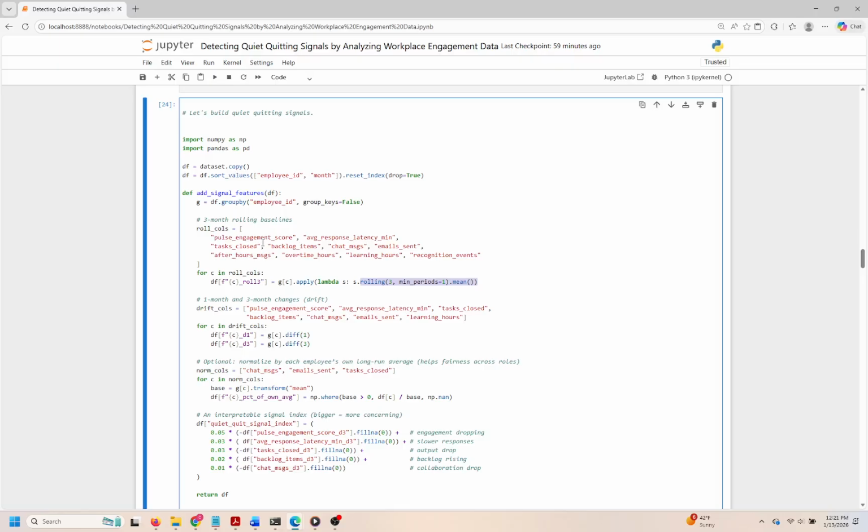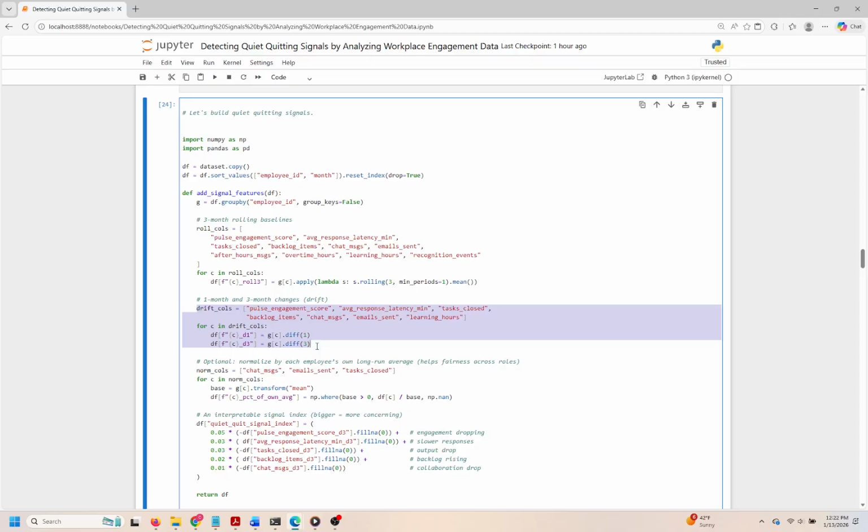This not only helps smooth out variability in the data, but also allows us to create baselines that are specific to each employee's performance trends. We also look at 1-month and 3-month differences for key metrics. This highlights any significant upward or downward shifts that might suggest a growing disengagement or lack of productivity.